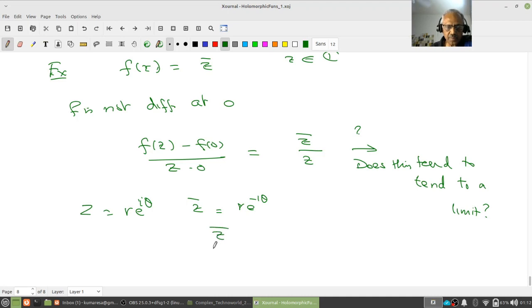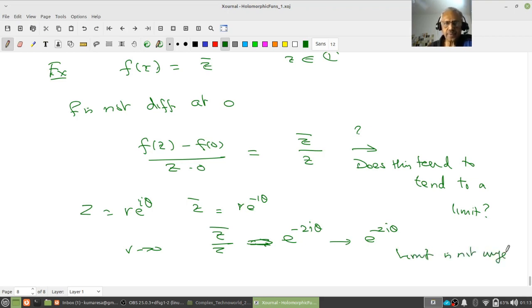Therefore, z bar by z will be e power minus 2 i theta. Right? So this is a constant. Therefore, as r goes to 0, this goes to e power minus 2 i theta. Therefore, the limit is not unique. Right? Therefore, we know it is not differentiable at 0.